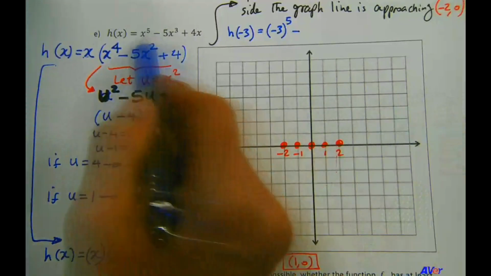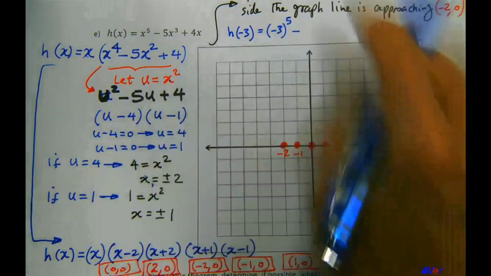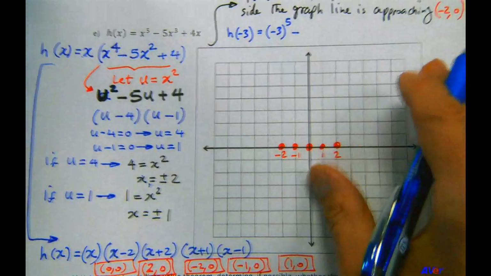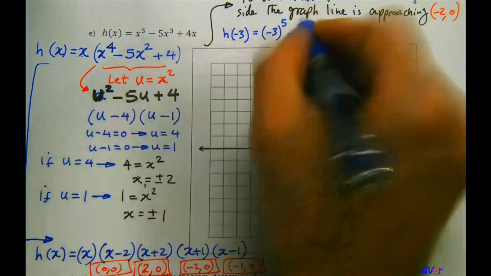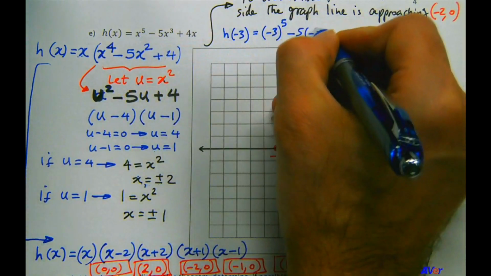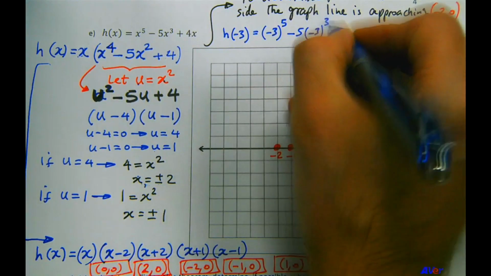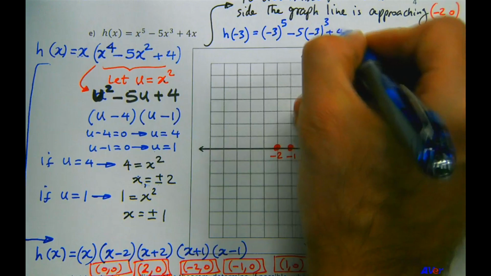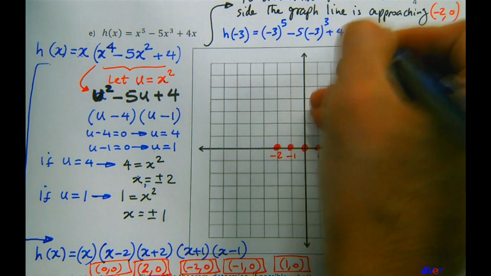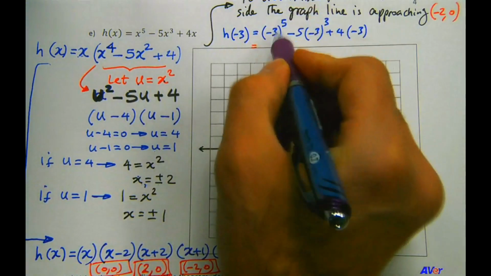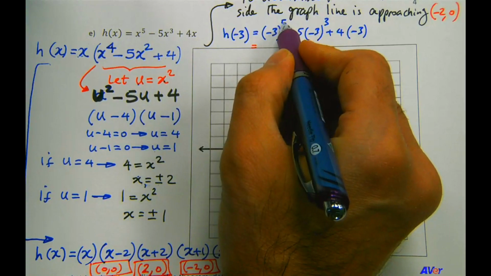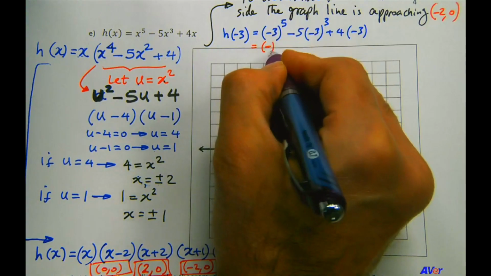The numbers here are a little bit more difficult than the other expression. So minus 5 times negative 3 cubed plus 4 times negative 3. Once again, we don't care about the values, just the algebraic sign. Negative number raised to an odd power, that's going to be negative.